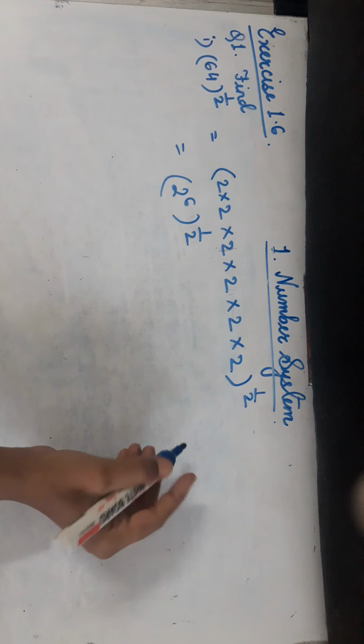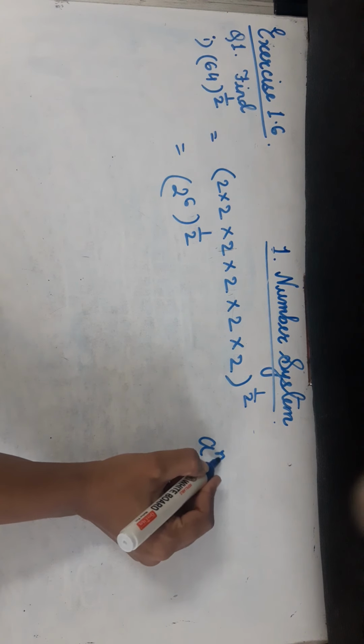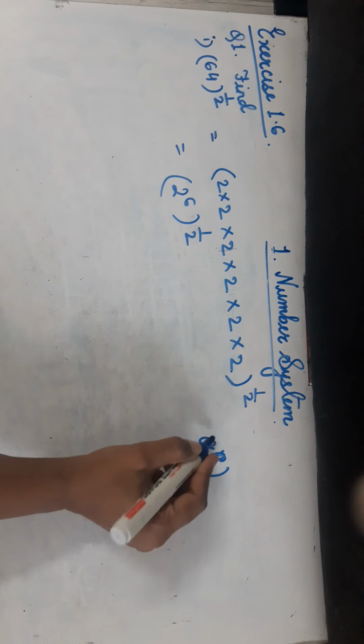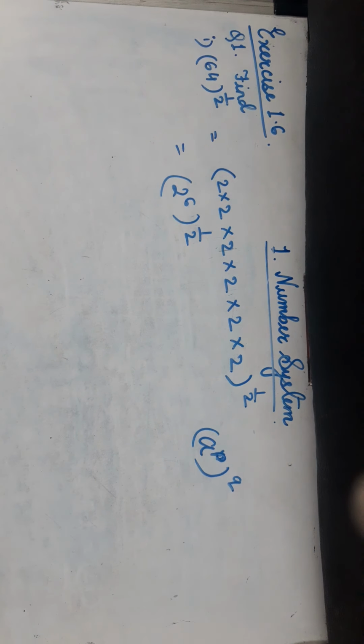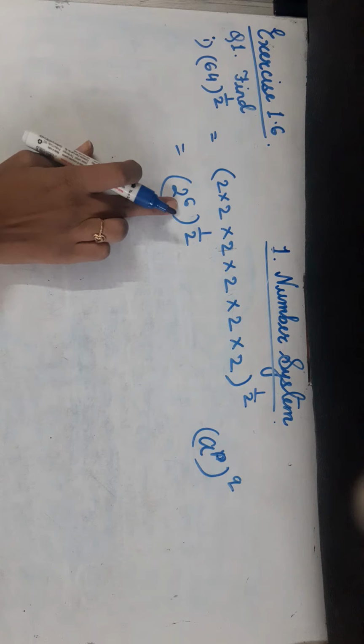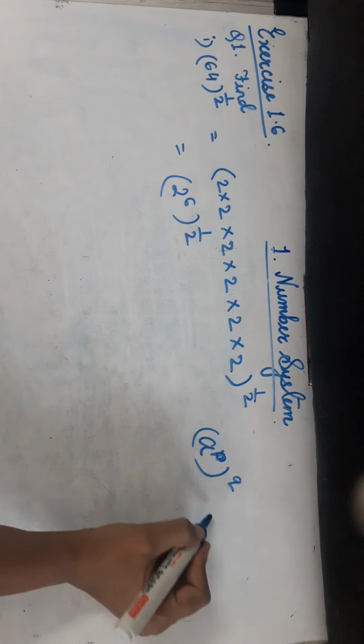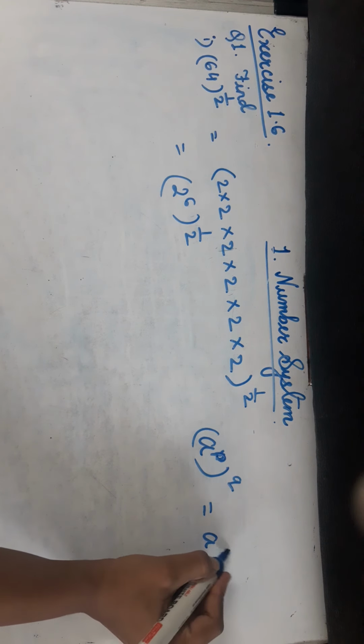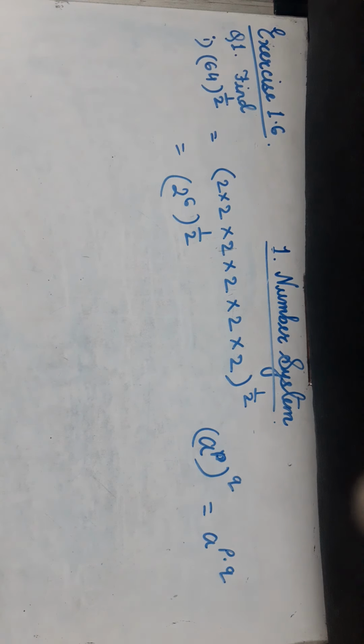Now remember the law of exponent, a raised to p whole raised to q. It is of the same form. 2 raised to 6 whole raised to 1 by 2. So what was the law? A raised to p into q. Right?